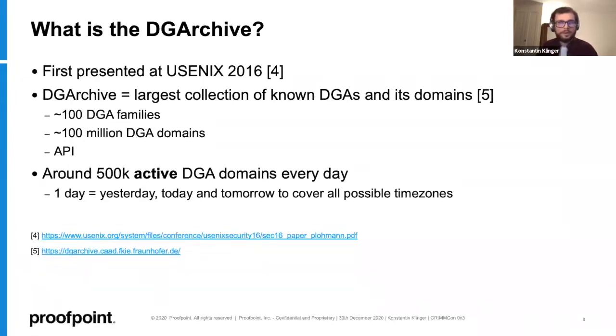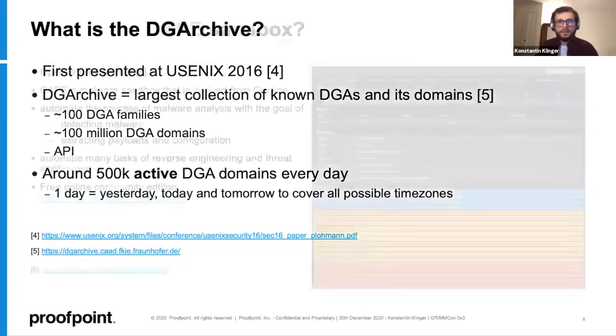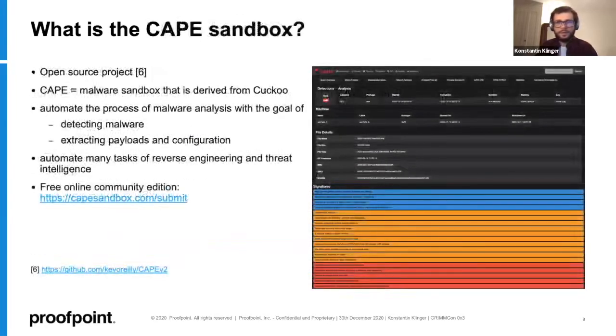So now that we know about DGAs in general and the Fraunhofer DGA archive, which collects DGAs, we can quickly recap what is a sandbox, and in specific, what is the CAPE sandbox. There exist various different open source sandboxes. CAPE is only one of them.